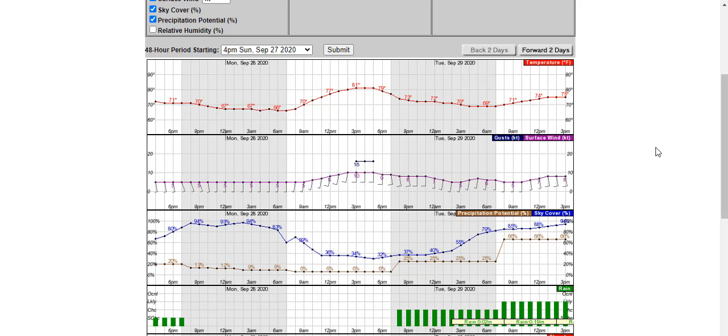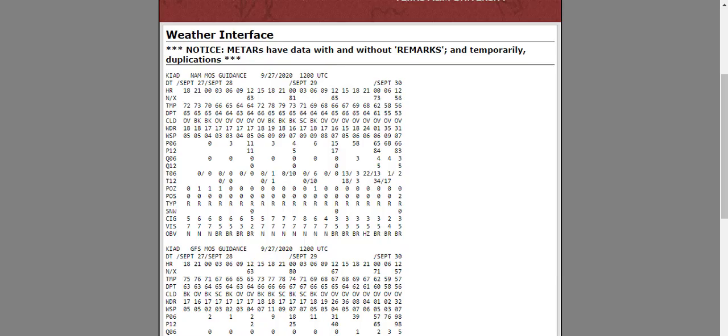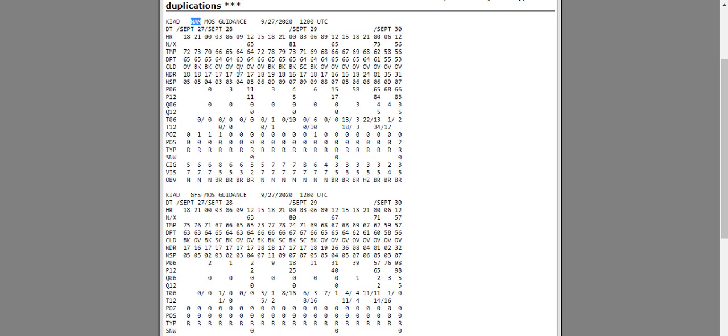However, what I didn't tell you is that the NWS grids is actually the forecast put into grid form from the National Weather Service. So basically, this is the National Weather Service's forecast in a gridded view, whereas MOS is the raw model data from the NAM and the GFS.